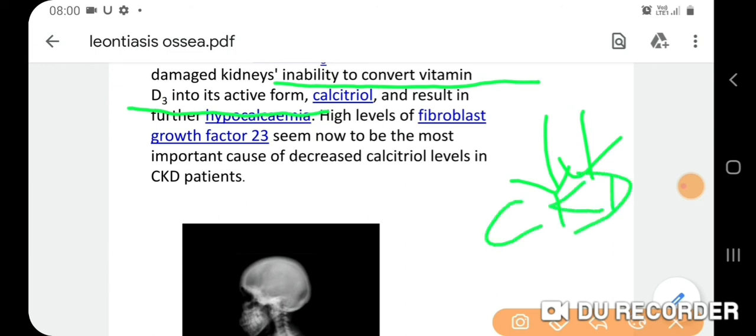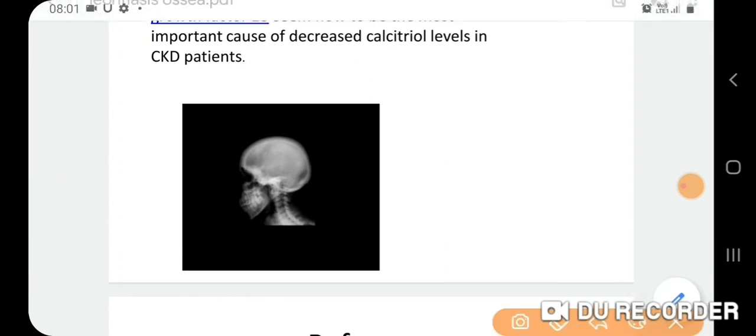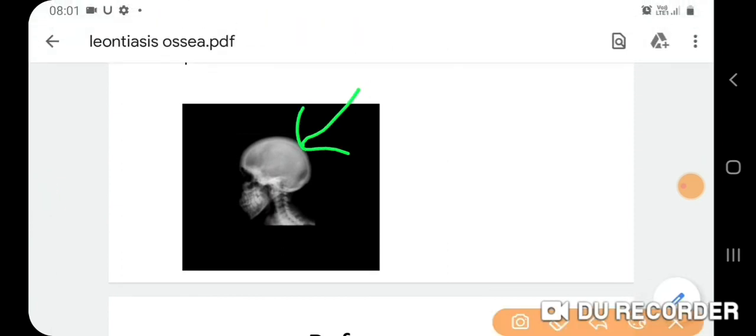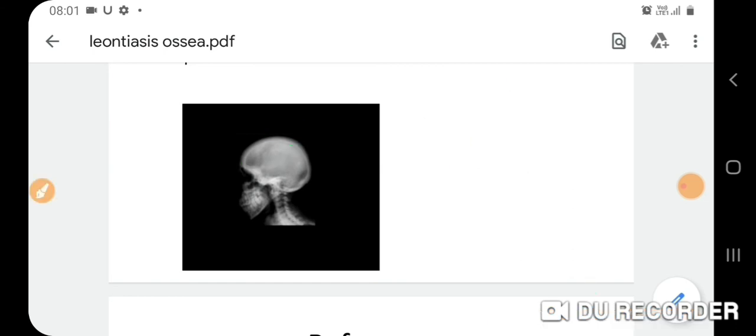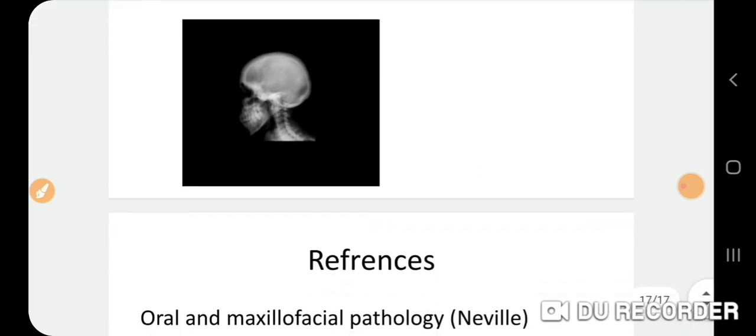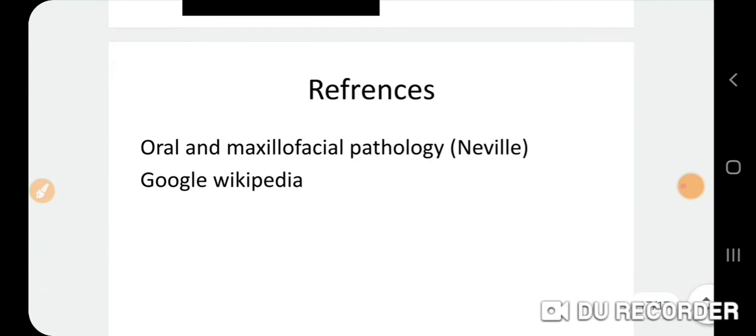Now we can see there is a ground glass appearance of the skull. Ground glass appearance means it looks like powder sprinkled on glass. This is all about Leontiasis ossea, the diseases that follow this condition, and these are the references.